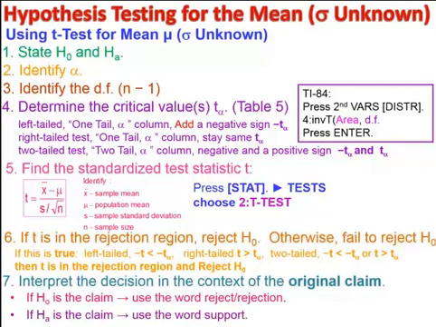If your null has the claim on it, you're going to use the word reject or rejection. So it's all based on whether you're rejecting the null or failing to reject the null. And then if the claim is on your alternative statement, you're going to use the word support in some format, whether you choose to support or there's not enough evidence to support.